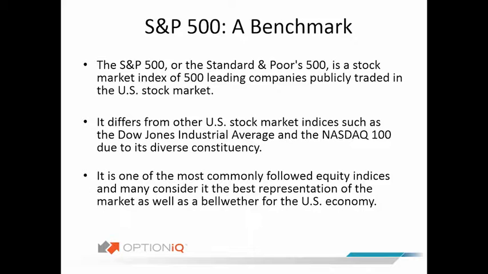And then bullet point 3 says it's one of the most commonly followed equity indices, and many consider it the best representation of the market as well as a bellwether for the U.S. economy. Okay? So, with that being said, we here at Option IQ focus on the S&P 500.